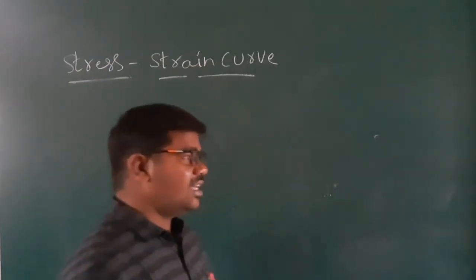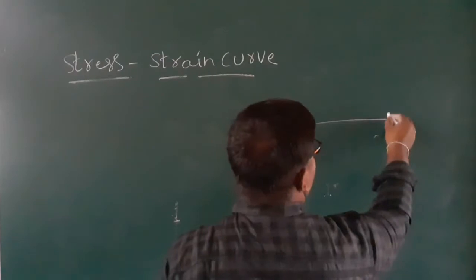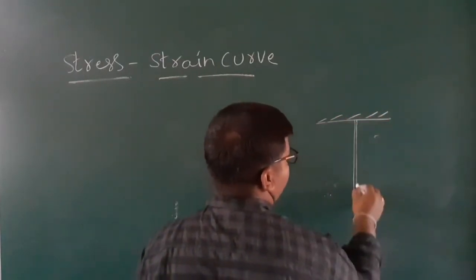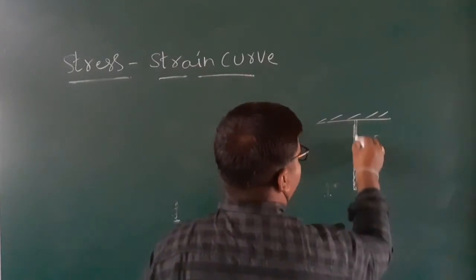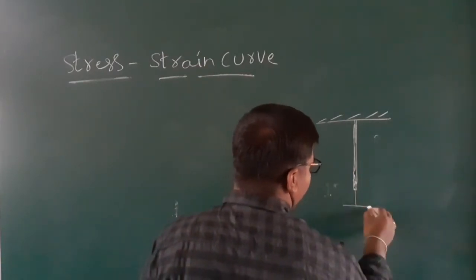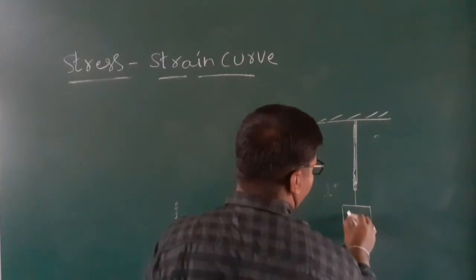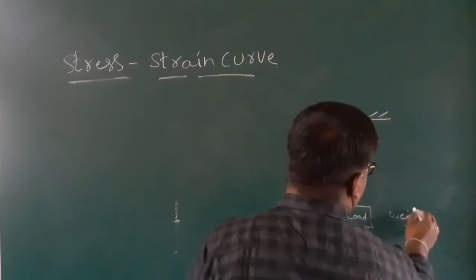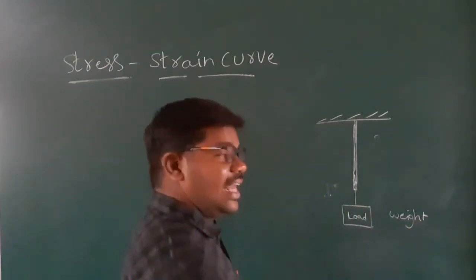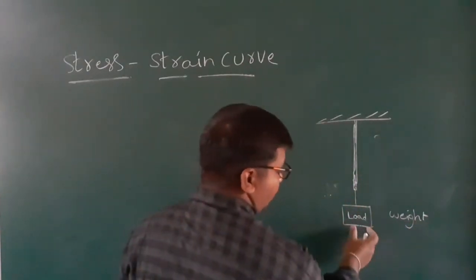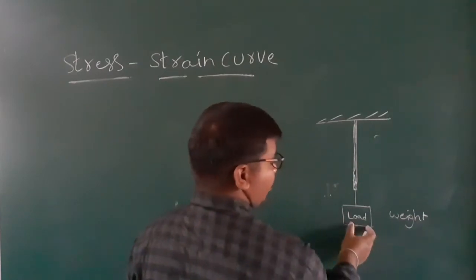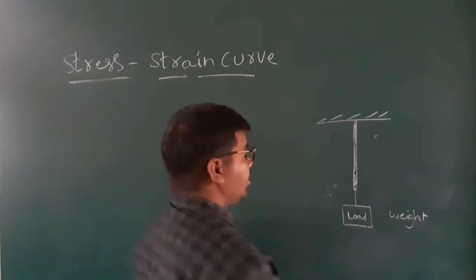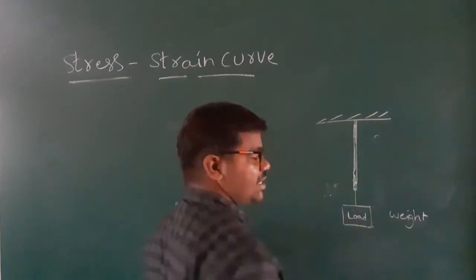Understand, children? Before that, consider this is a rigid support and this is a wire, my dear children. We are applying load or stress. Load means weight. First we apply force, meaning the weight, the load increases. The wire increases in length somewhat. If we remove it, the wire regains its original shape and size.